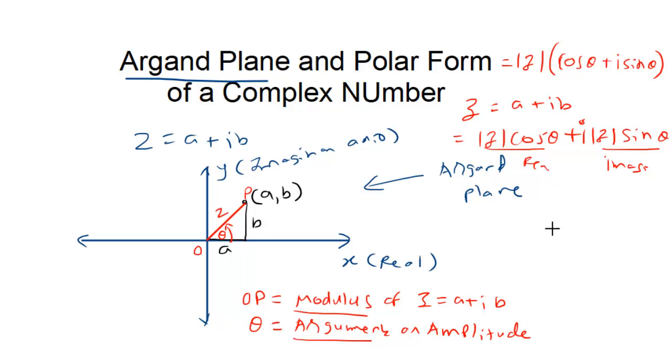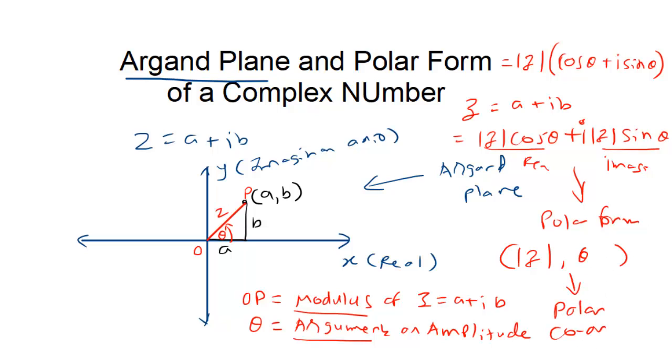This representation of a complex number as modulus z cos theta plus i modulus z sin theta is known as the polar form. And if we write only the modulus and the angle like this, then they are known as polar coordinates.